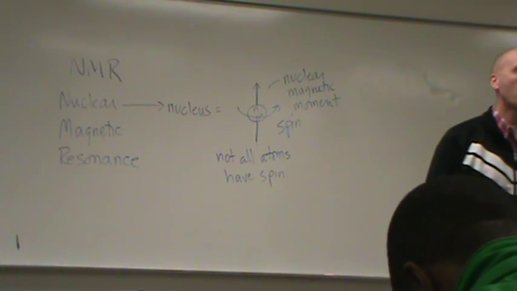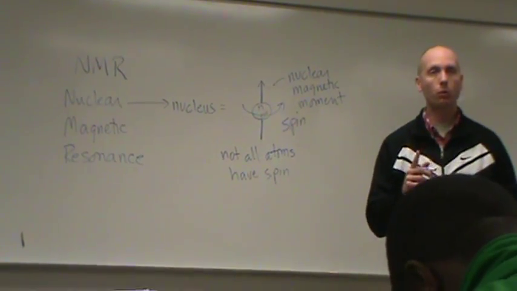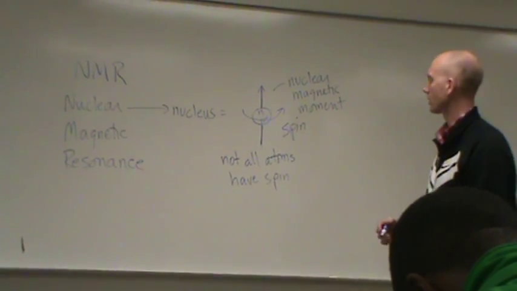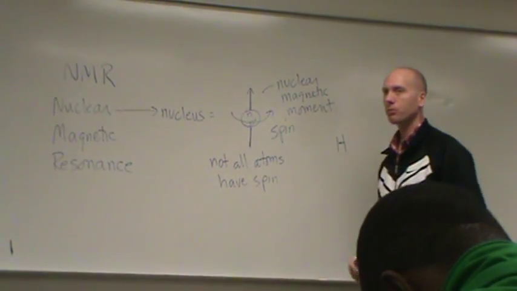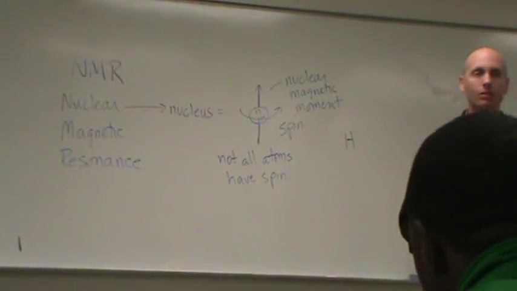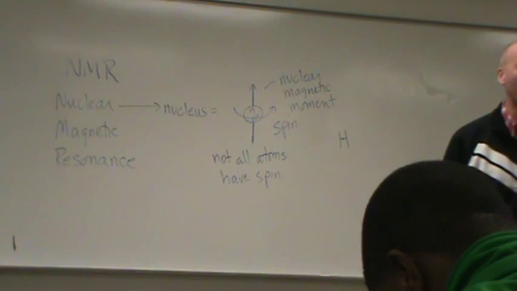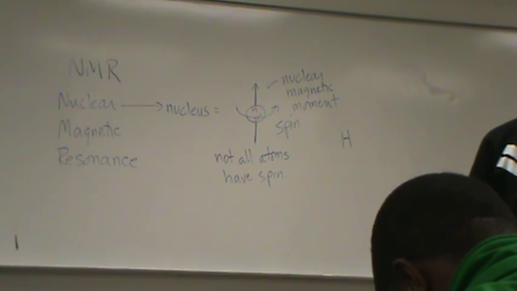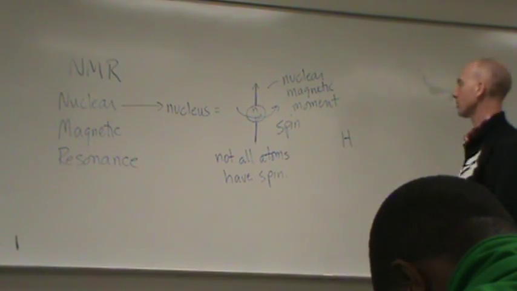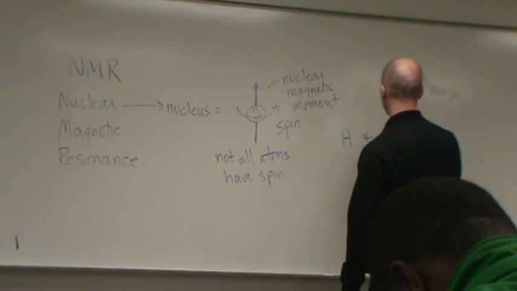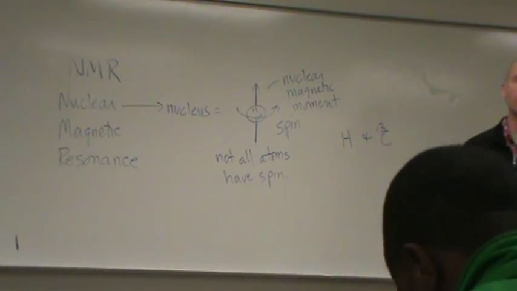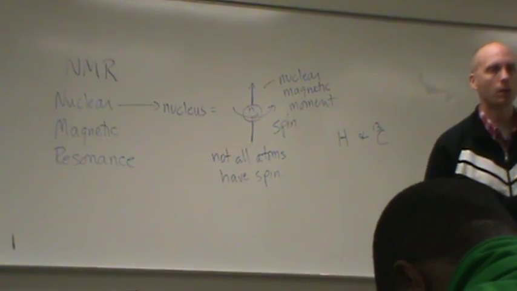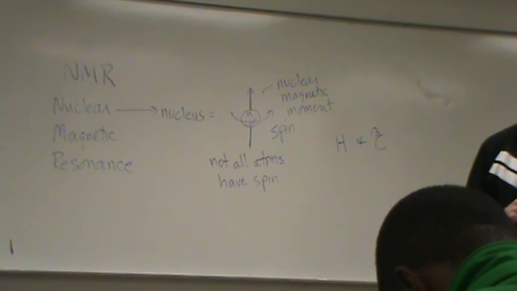But some of the few that are of interest to us are the hydrogen atom. It has spin. And so guess what? We can do NMR with hydrogen atoms. And C13, the isotope of carbon-12, has spin.